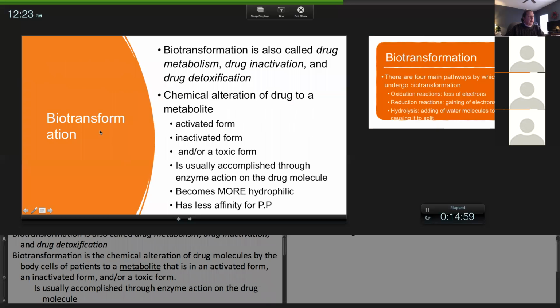Okay. And biotransformation, if you think about this, is the metabolism. Biotransform, or transform, you're changing it. So you can also think of it as inactivation or detoxification. When you give a drug, the drug has to leave the body somehow. Now, some drugs can potentially get excreted as what we call active.